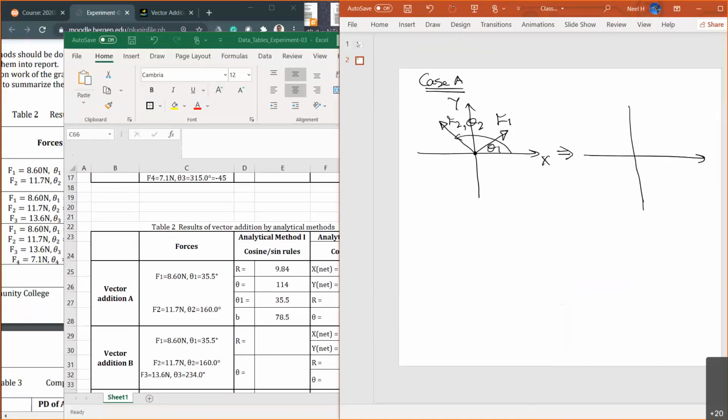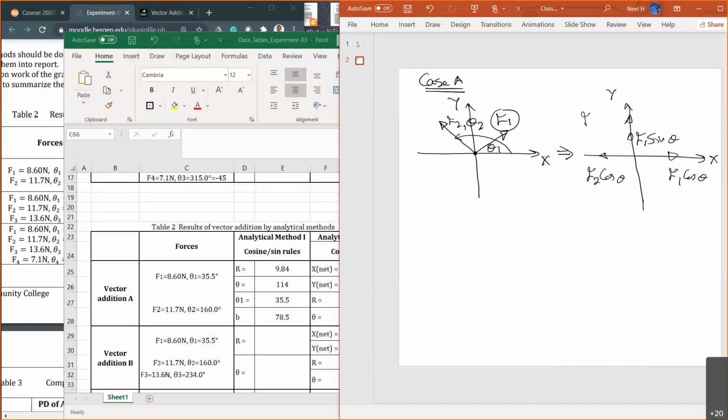Then I'm going to draw another diagram which shows only the components, or projections. Vector F1 should have a projection here, F1 cosine theta.